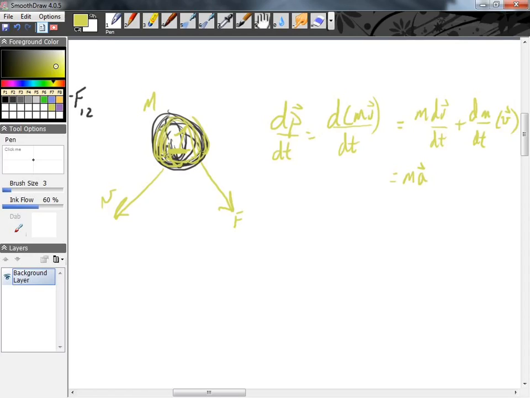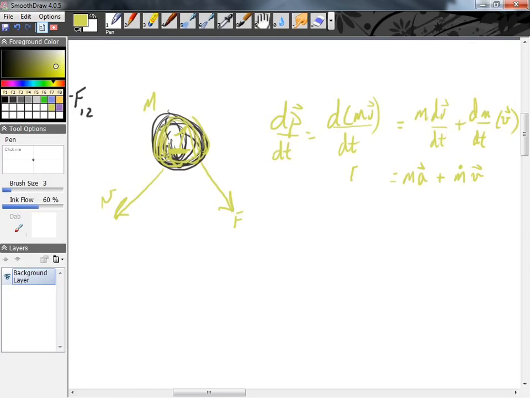And over here, this has a dot over it. It is called the mass flow. It is the rate at which mass changes, the mass flow rate.